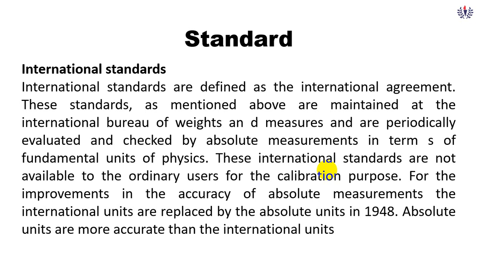So there will be a bureau in which we will have weights or measures or whatever physical quantity has to be measured in terms of the absolute measurement, and its accuracy is also more. Previously it was taken care of by international units, but later it was carried by the absolute measurement units. So this is about the international standard.